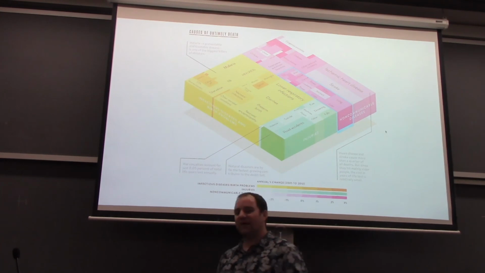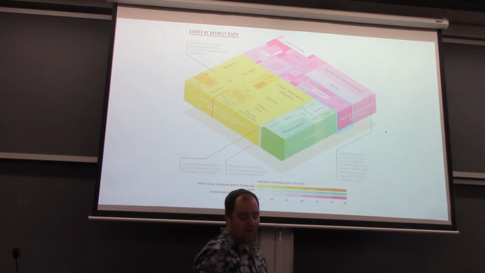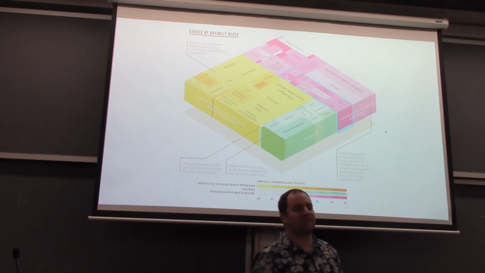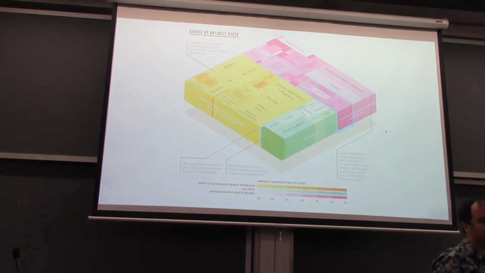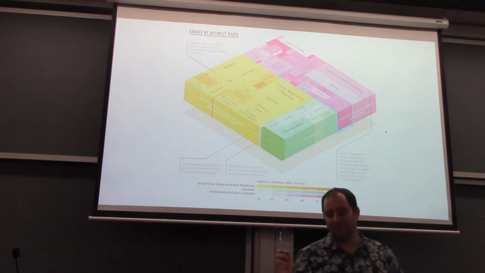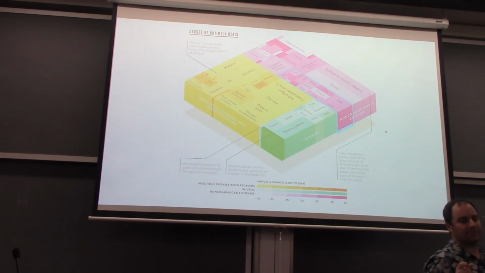Okay, so how is the data encoded? Let's start with how these relative frequencies of death are encoded. Not the change, but the actual frequencies. Area.